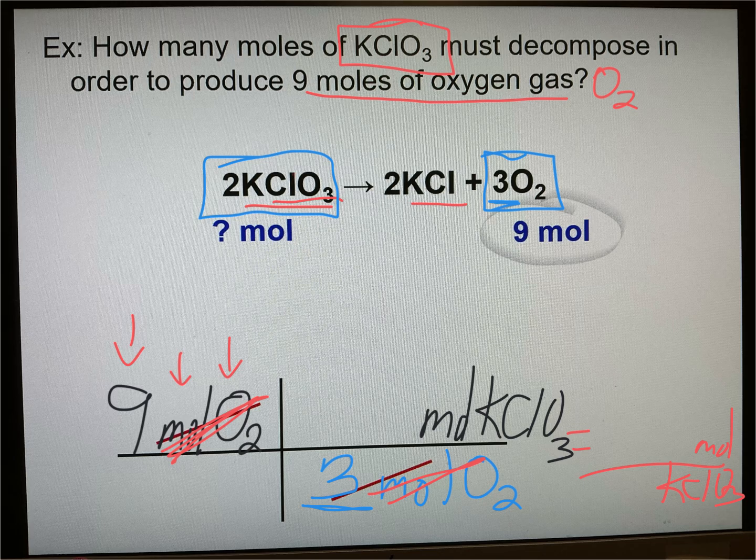So what's your coefficient for KClO3? It's 2. And that's going to be your mole that goes there. So now all you're going to do is multiply and divide. On the top part is where you're going to multiply. So 9 times 2 is what? 18. Very good. 18 divided by the 3 is 6.